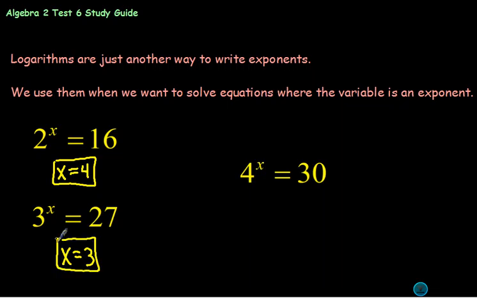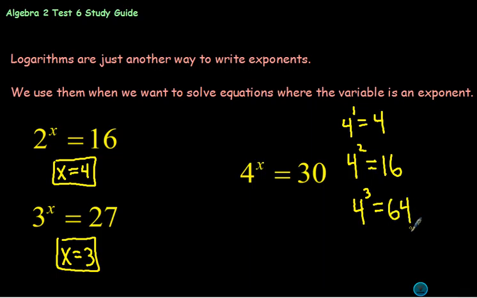But what we encounter, and what we'll see in this study guide and with logarithms in Algebra 2, is that sometimes it's not as easy as that. For instance, this says 4 to the what power makes 30. If you think about the powers of 4, 4 to the first power is 4, 4 squared is 16, and 4 cubed is 64.